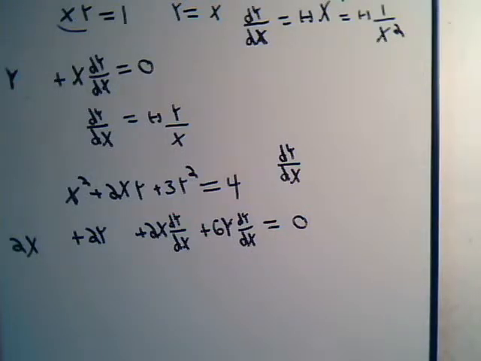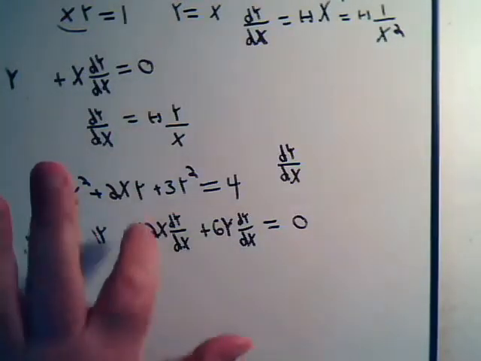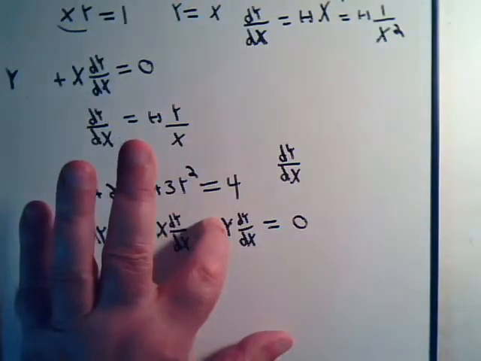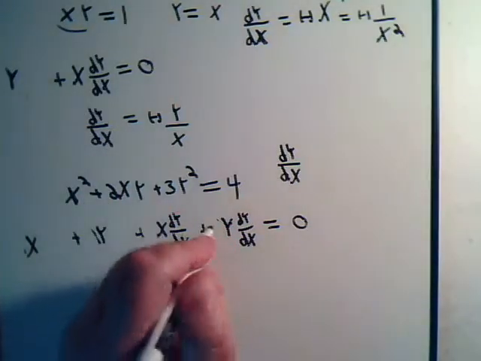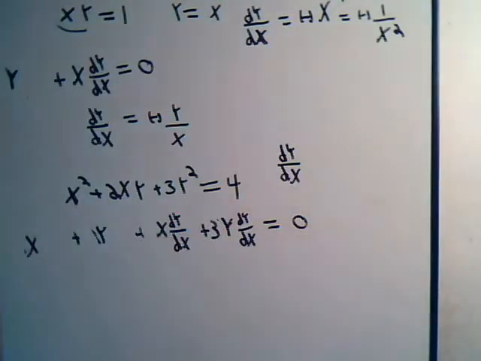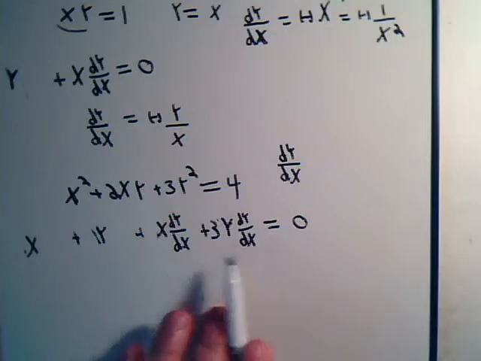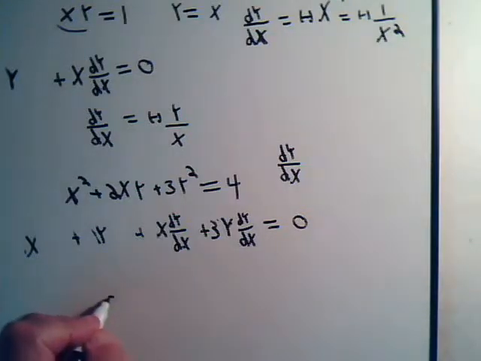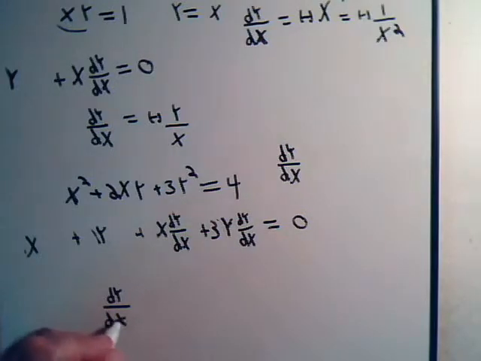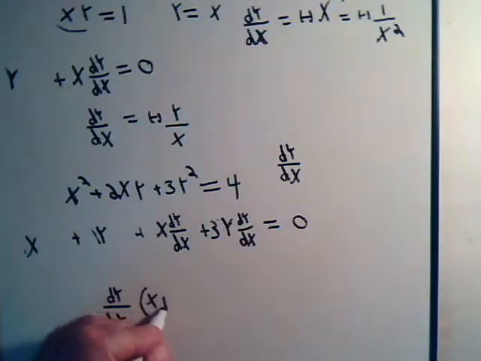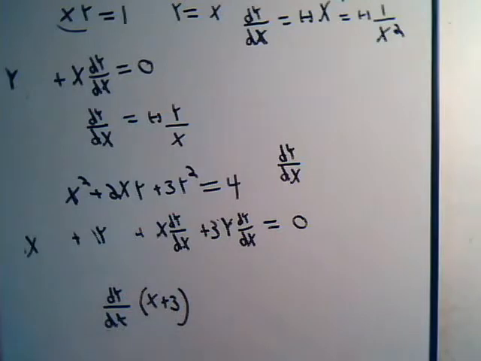And it looks like we can divide both sides of the equation by 2, so that's 1, that's 1, that's 1, this will be 3. So what do we have? dy/dx times x plus 3y, and then on this side of the equation we have plus x plus y.